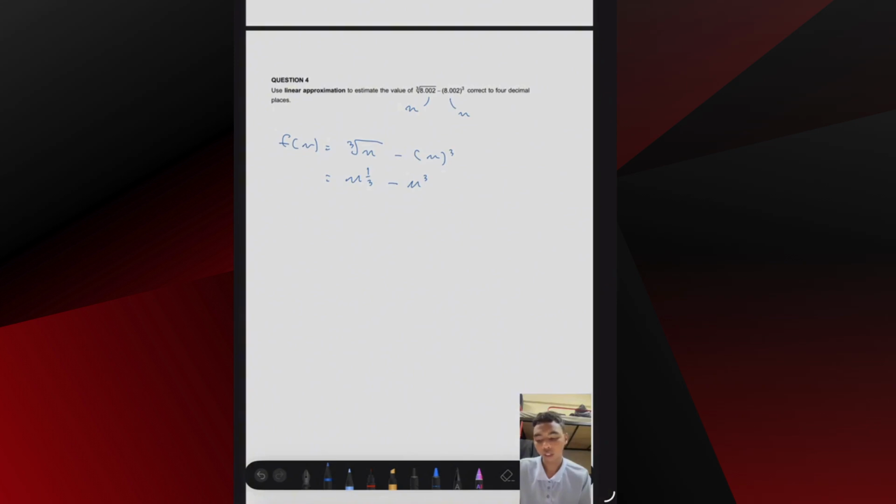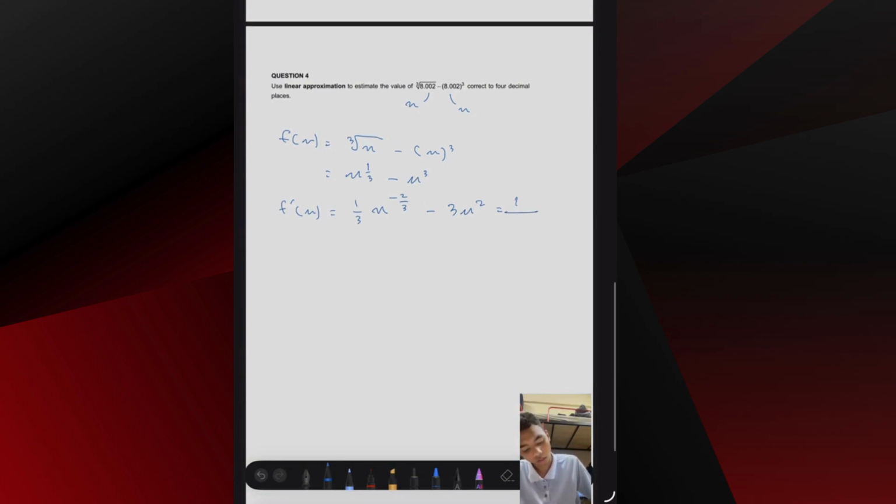So we move to the next step, which is to differentiate f of x to compute f prime of x. So differentiating, we get 1 over 3 x to the power of minus 2 over 3 minus 3x square. Then we simplify that.